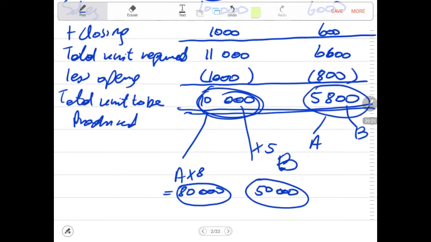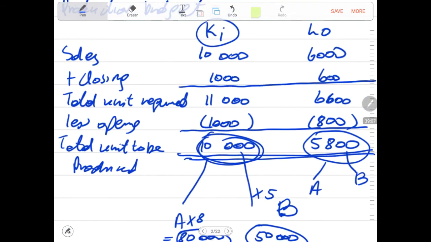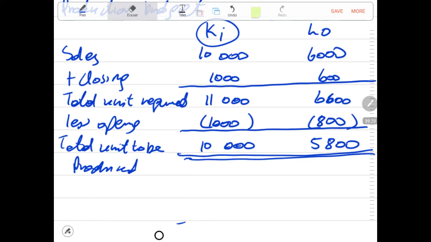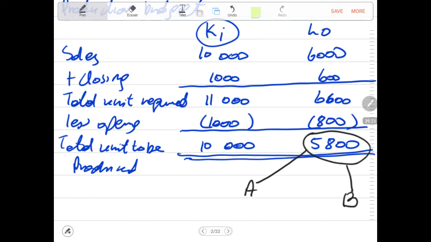Then you go to product LO, which also requires material A and B for it to be completed. So now we need to know the required kgs of material A and B with regard to product LO. We need to produce 8,000 units. How many kgs are required to complete?